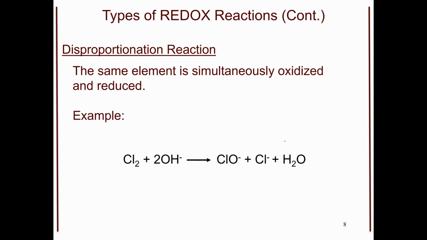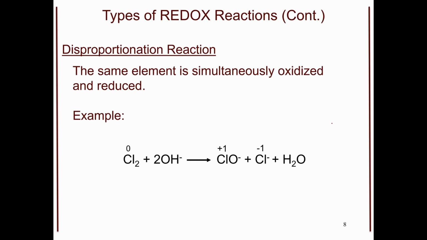Now you'll see that our chlorine plus 2 hydroxides is going to give us ClO minus, Cl minus, and water. So we know that our chlorine is going to have a 0 oxidation number. Let's take a look on the right side. The oxidation number in our ClO minus is actually +1, and we will talk about how to get that in our further video on oxidation numbers.